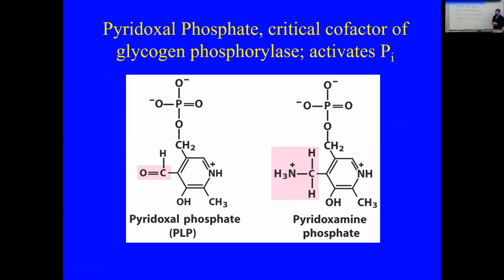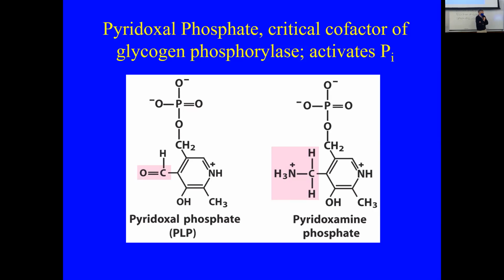So this is the pyridoxal phosphate molecule. It is a vitamin. That is to say, our body does not produce this particular molecule. We rely on this coming to us from dietary sources.